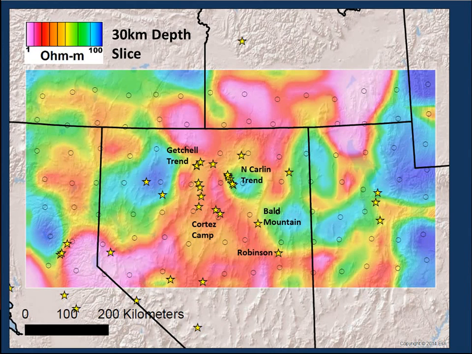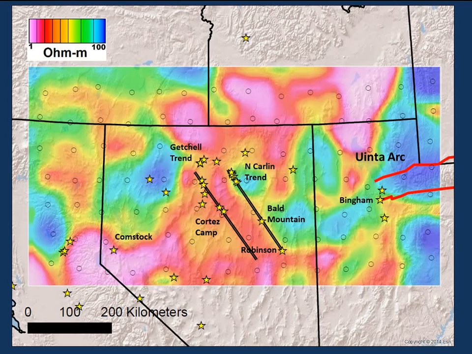This slide is a 30 kilometer slice now, and the stars show large gold deposits, and only those which are larger than 2 million ounces, I think, are plotted on this slide. We also draw here the trends, the Carlin trend and the Roberts and Eureka trend.